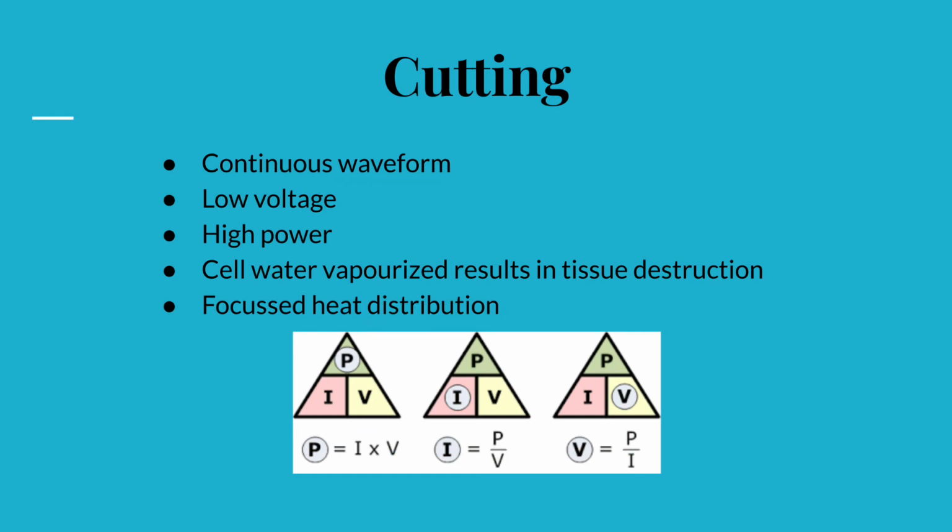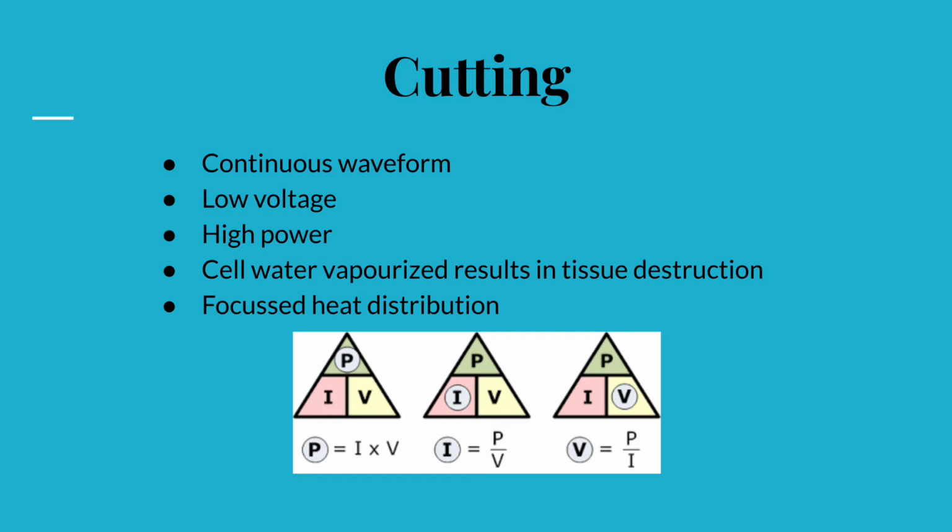Now, again, let us take a step back to the cutting mode that we have mentioned. And before we move on even further, I would just like to point out the VIP formula as shown underneath the diagram. So V stands for voltage, I stands for current, and P stands for power.